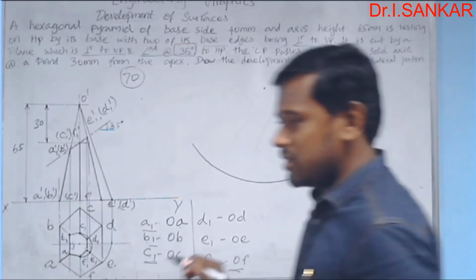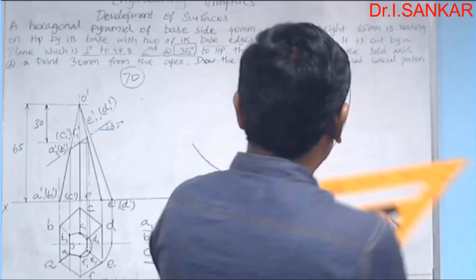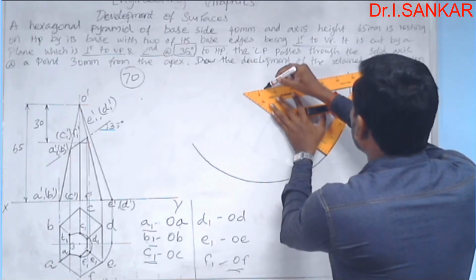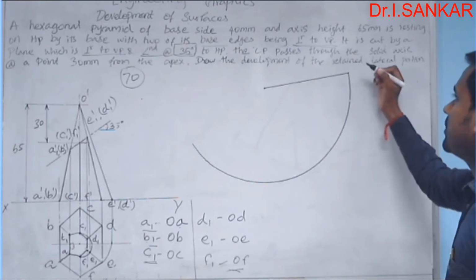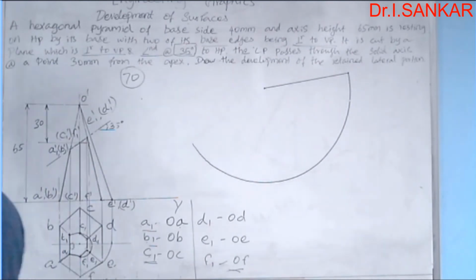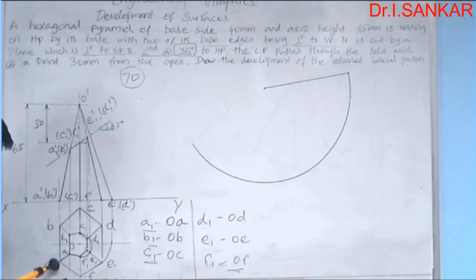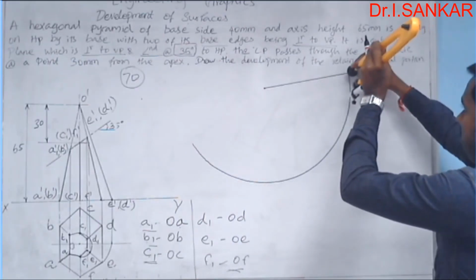After drawing this free arc, connect any one terminal first. Here I connected. After connecting this, take your compass and load it with the length equal to the base edge length of your solid. Here it is given as 40 mm. So load your compass with the 40 mm radius, and from this point cut the arcs continuously.